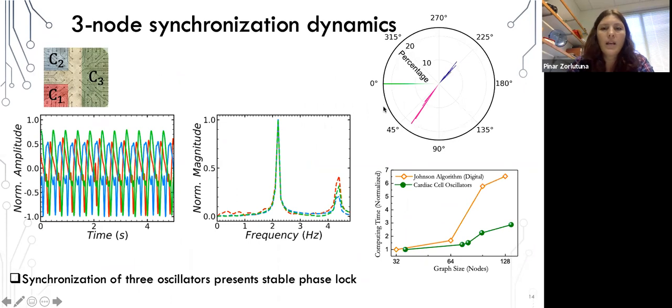This was one of the prototype devices, the first demonstration that you can use heart cells for solving a graph coloring problem for 3 nodes. After they locked to a steady frequency, each color here, green, blue, and red, shows the Fourier transform of the whole recording, and they all locked to the same frequency, around 2.1 hertz.